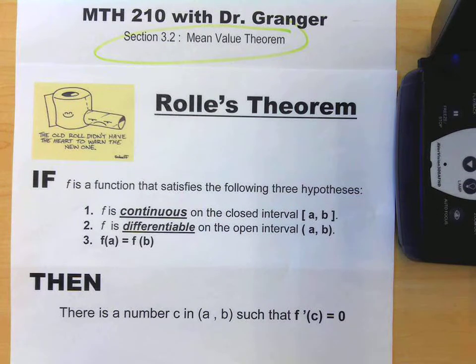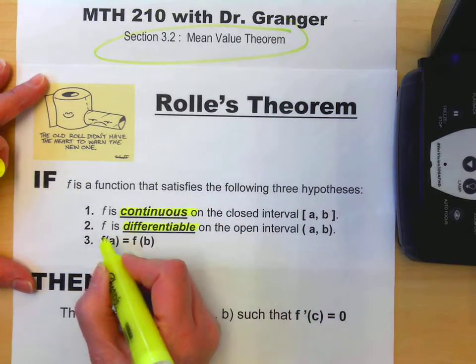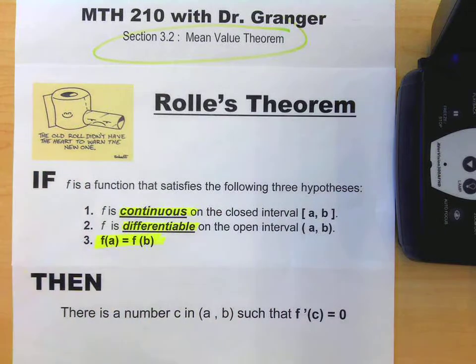The function f is differentiable on the open interval (a, b), and at the two endpoints a and b, the value of the function is equivalent, so f of a equals f of b. Those are the three hypotheses. The function is continuous and differentiable on this interval, and at the endpoints f of a and f of b, the value is equivalent. So if we have these three hypotheses met, then here's what we can conclude.